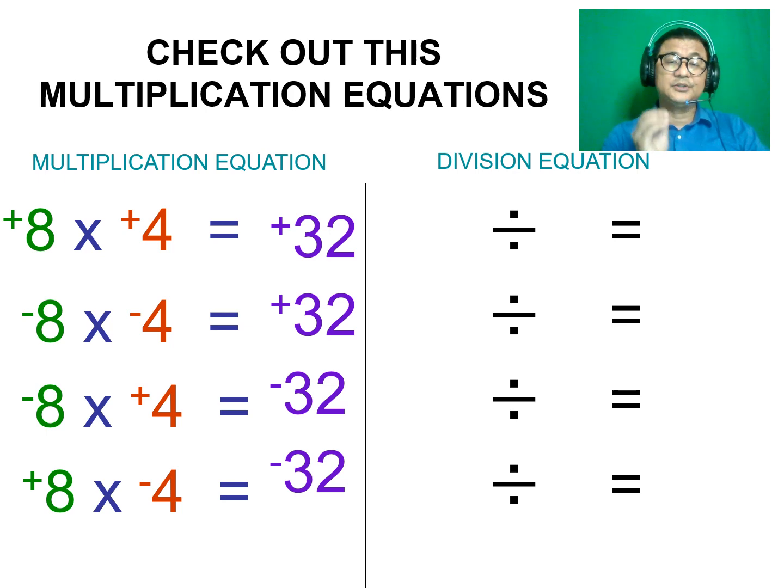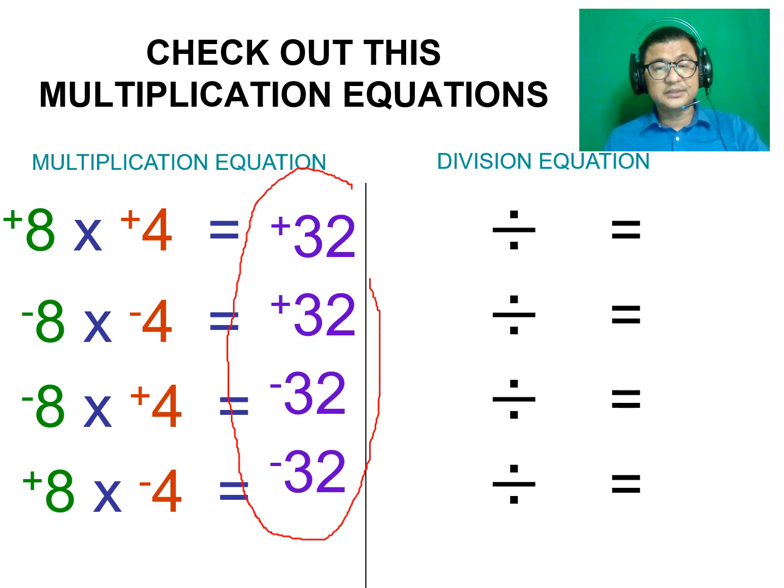Now let's check out these multiplication equations, which we learned before. We all know that same signs will be a positive, different signs will be a negative. Check this out. Since division is the opposite of multiplication, I take my quotient and make it now my dividend.